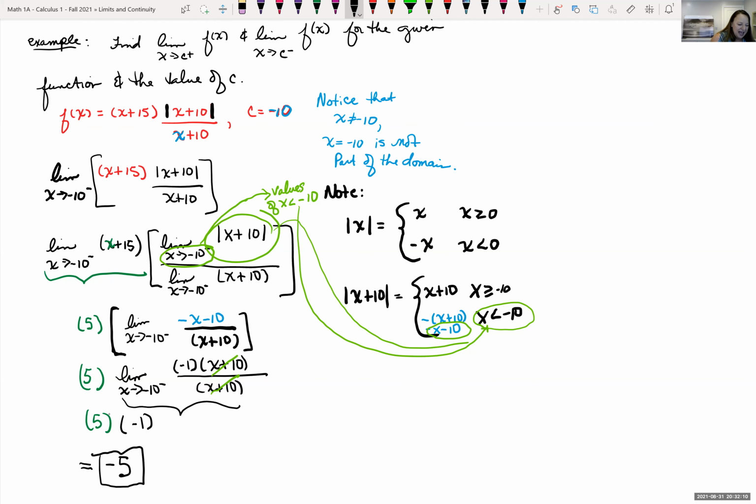So almost the exact type of reasoning for when we're coming in on the right-hand side, and I'm just going to put it up here. So the limit as x is approaching negative 10 on the left equals negative 5.